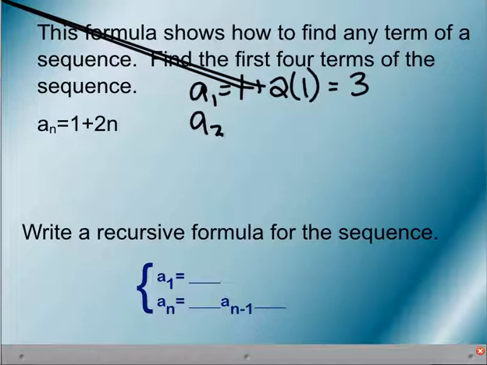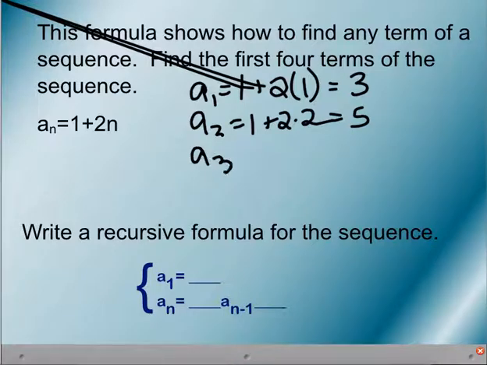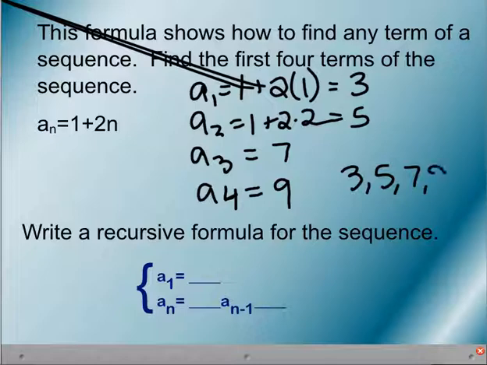A sub 2 is 1 plus 2 times 2, which is 5. A sub 3 is 7. A sub 4 is 9. Which means if I look at my pattern, 3, 5, 7, 9, I add 2 to each term before it. So my first term is 3, and then I say 2 plus my previous term. I add 2 to each term.